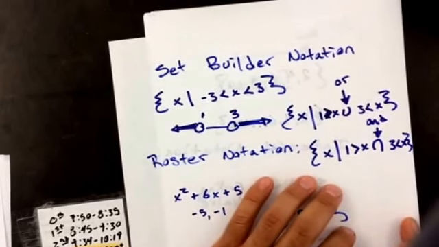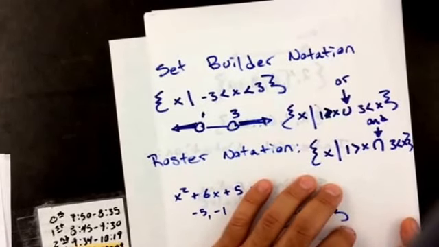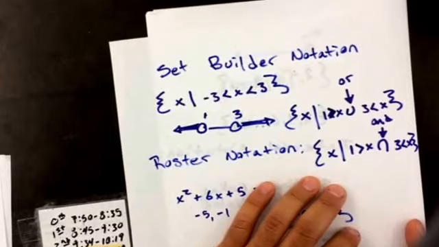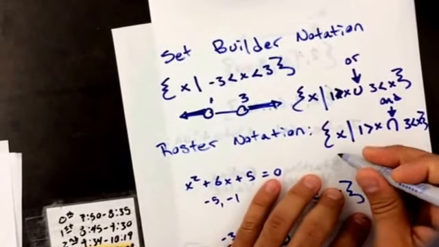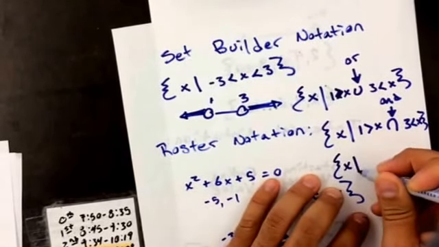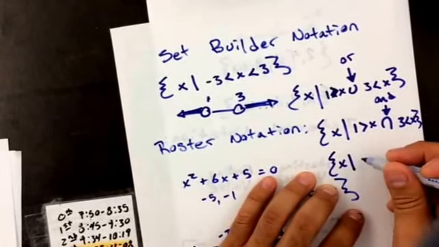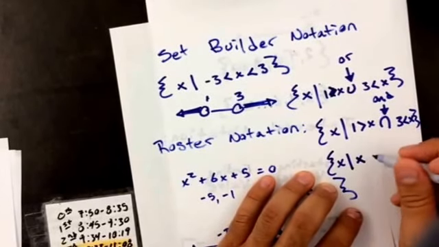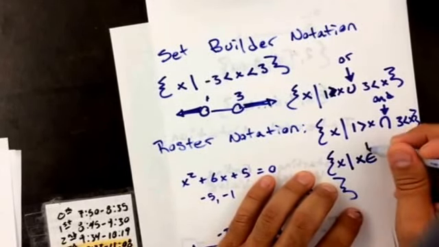So if I said all even numbers between 1 and 100, x follows the rule that x belongs to the set. This means belongs to the set.